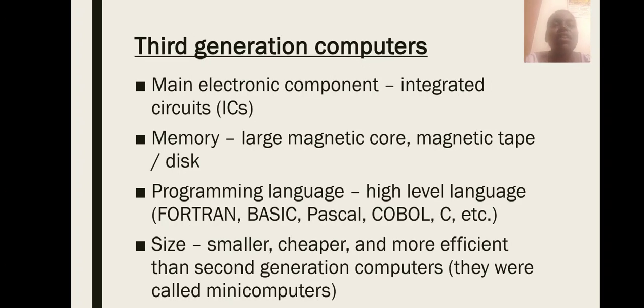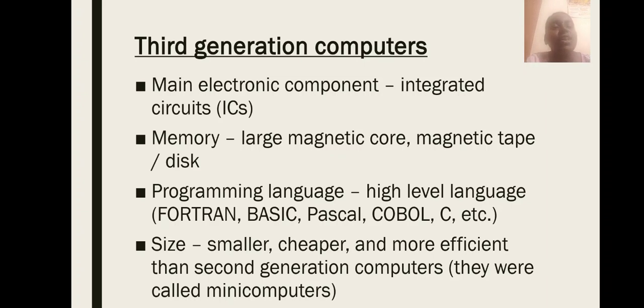Now let's move on to the third generation computers. The main electronic components in the third generation computers were integrated circuits, that is IC. Memory was large magnetic core and magnetic tape or disks. Programming languages were high level languages like Fortran, Basic, Pascal, etc. The size was small, cheaper, and more efficient than the second generation computers.